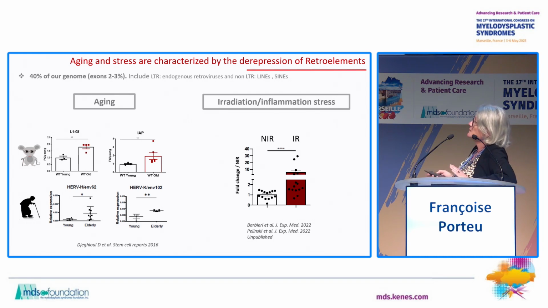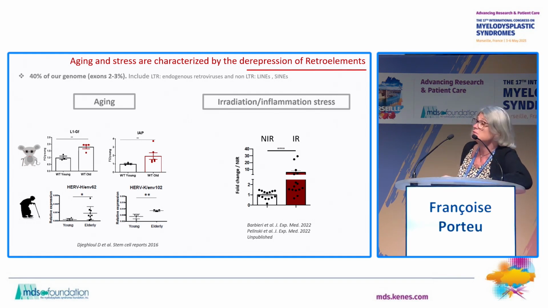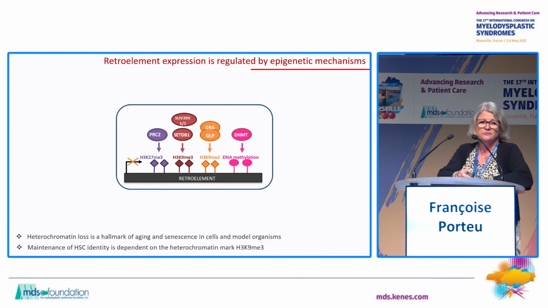The retroelements are 40 to 50% of our genome, and they include LTR, which are endogenous retroviruses, and LINEs and SINEs. So retroelement expression is regulated by epigenetic mechanisms, and particularly by heterochromatin, which is composed of DNA methylation and the repressive marks H3K9me3 and H3K9me2.